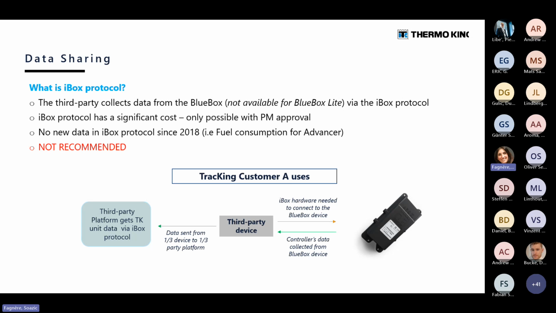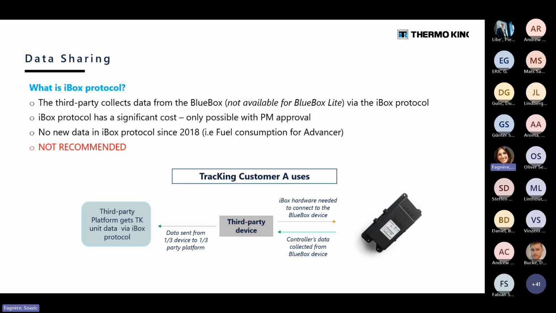So we cannot stop it, but we always encourage, for any new customer coming to you and saying, my integrator doesn't have the iBox protocol, can we get it? Please, at least try to recommend the web service integration first. And you can see that there is a big advantage as well. The Blue Box is already fitted, right?